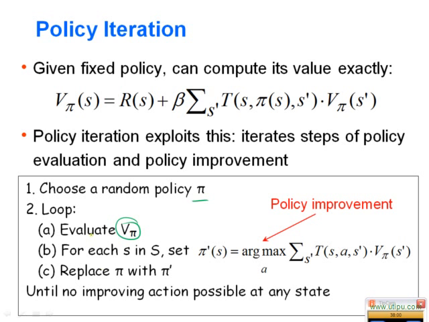Then for each state in S, set pi dash s to be the action that gives the best backed up expected value. You do this for each state separately. Having done this, now you've got pi dash. Now replace pi with pi dash, go back to the loop, and you keep doing it until there is no difference between pi and pi dash.